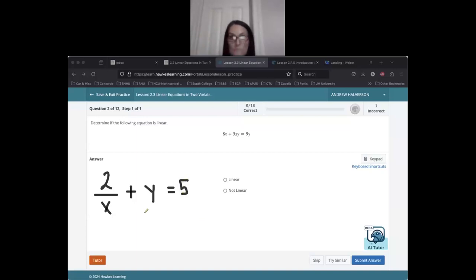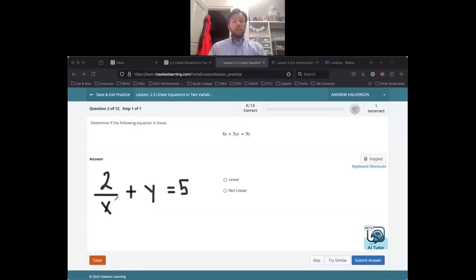What about this one? 2 over x plus y. If we were to use our properties of exponents, how could we write this by shifting the x up to the top? What's the rule that we would have to apply?